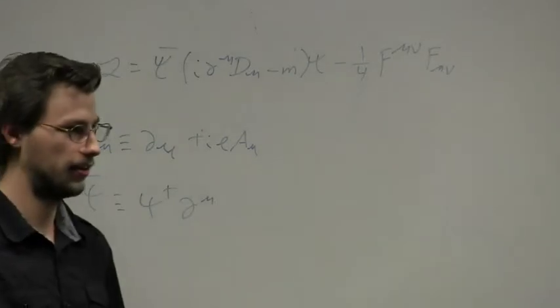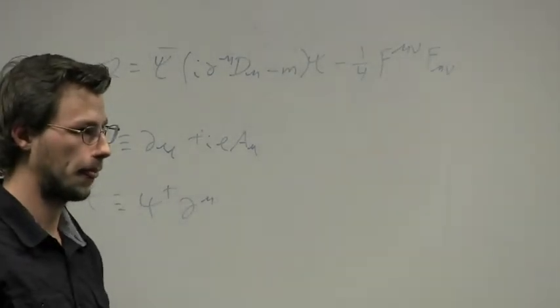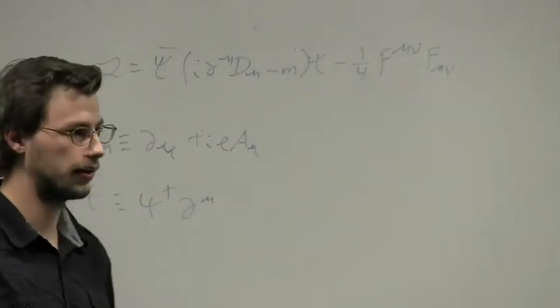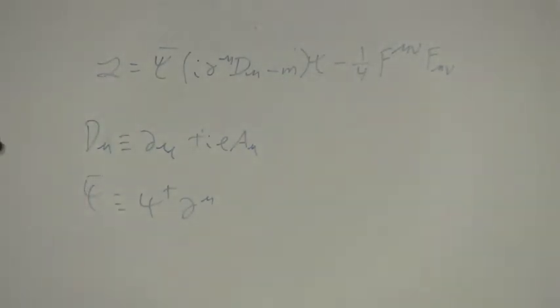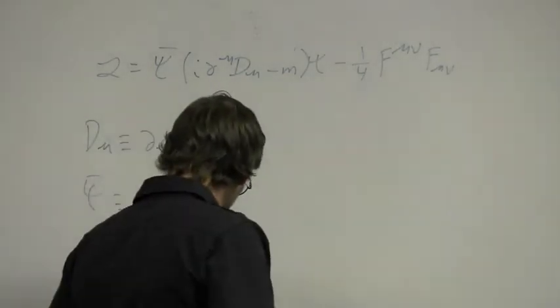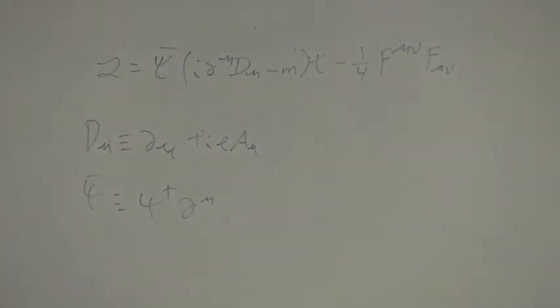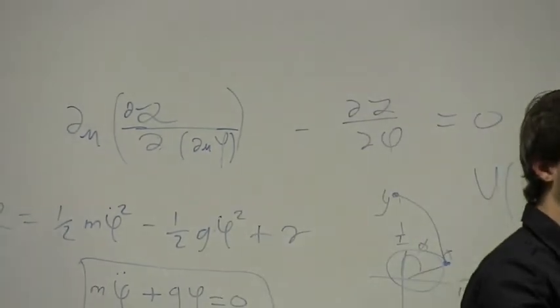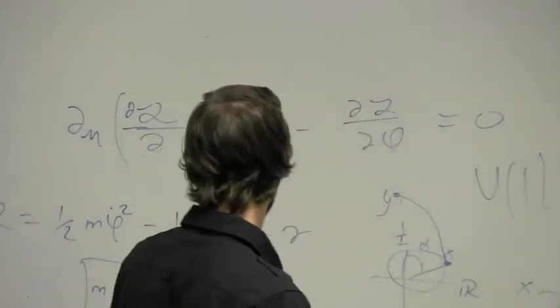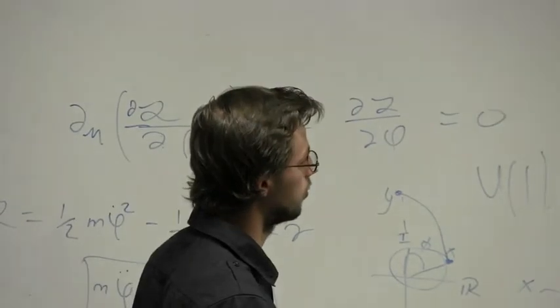So how do you vary psi bar and psi dagger properly in the Lagrangian? How do you vary them to maintain gauge invariance? Well, how do you take the derivative properly? Oh, so you can just do the same thing as you did before. You could plug in here psi. You could also plug in psi bar. You treat psi and psi bar as their own field operators, and then you plug in here.